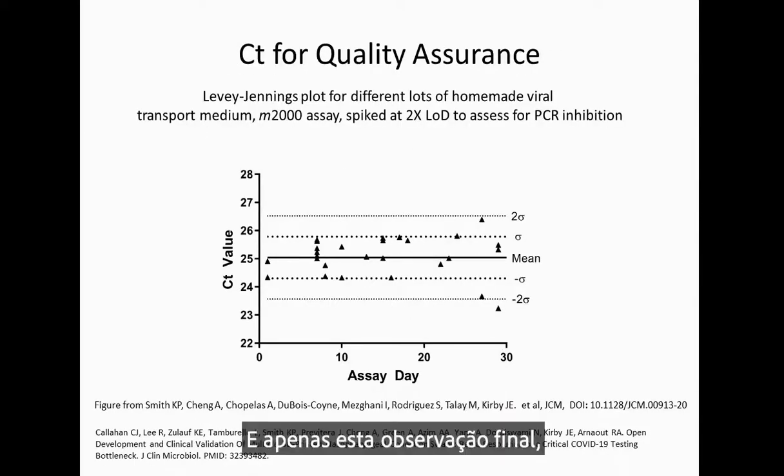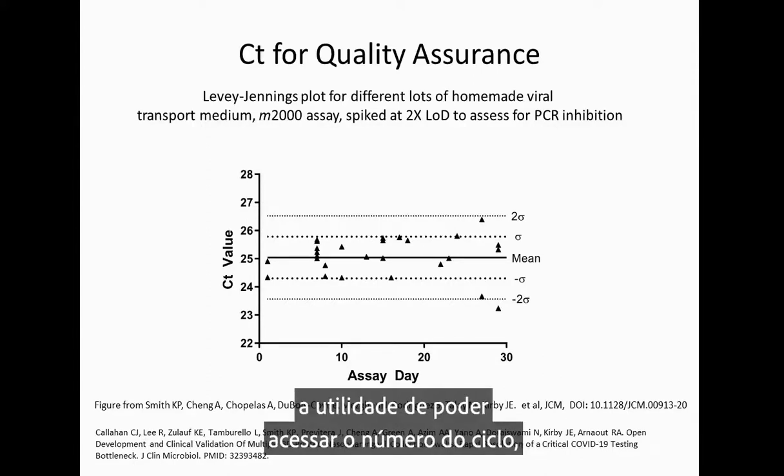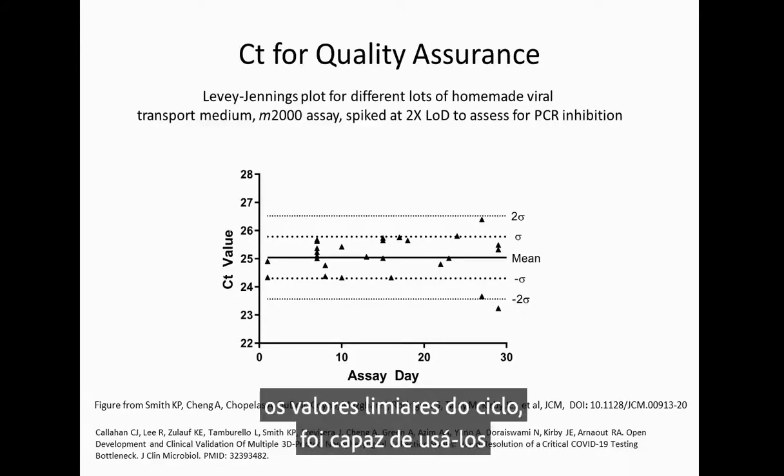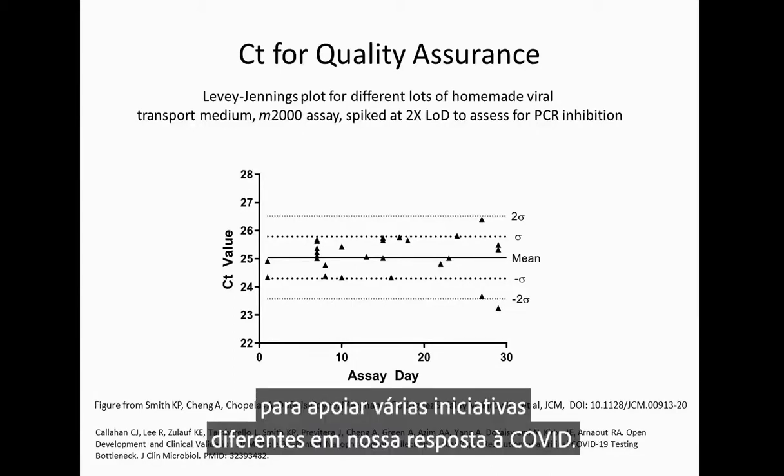And just as one final note of the utility of being able to access the cycle number or cycle threshold values, we're able to use those to support a number of different initiatives in our COVID response.